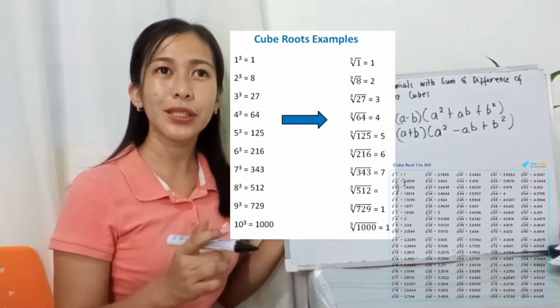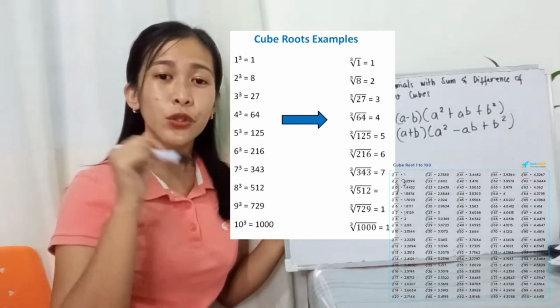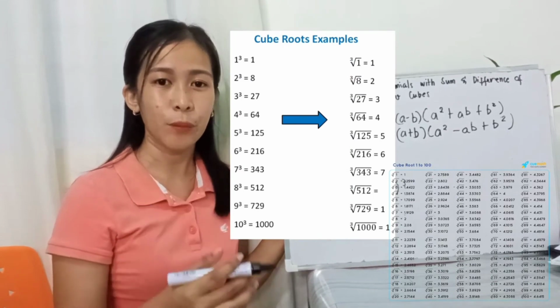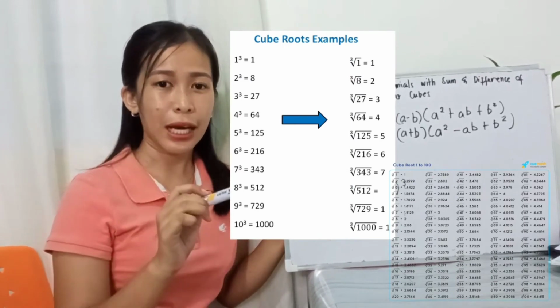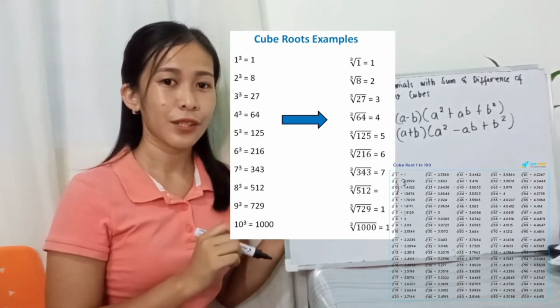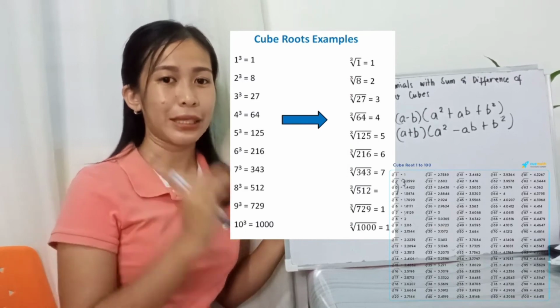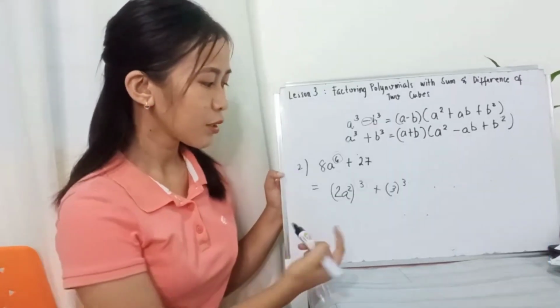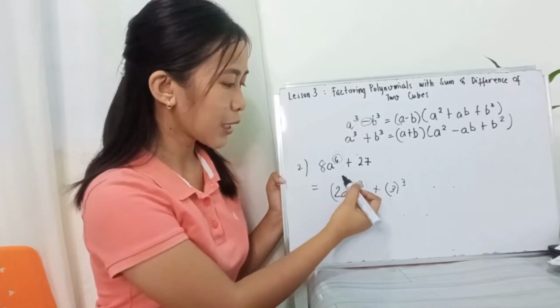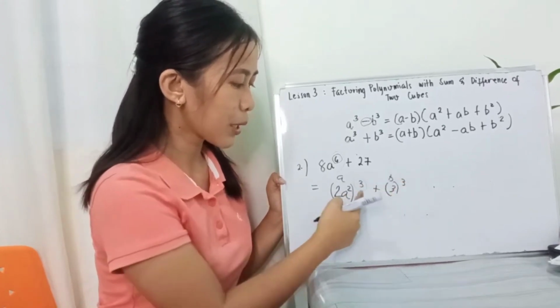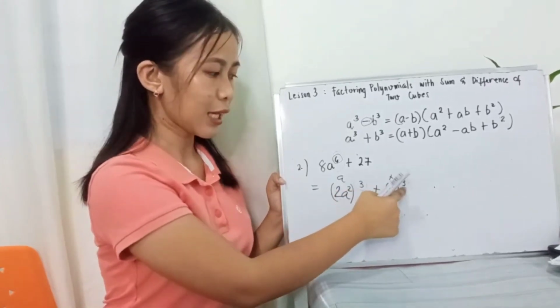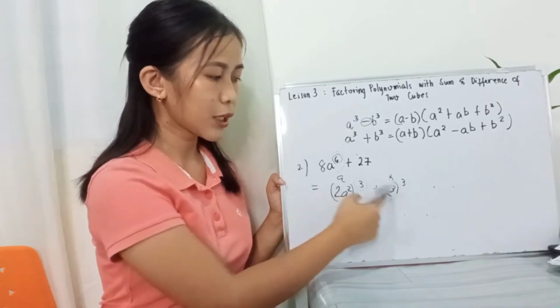Basta lang naman numbers na i-multiply mo tatlong beses, yung sagot doon, that is a perfect cube. And yung pinaka-root niya is yung number itself na minultiply nyo ng tatlong beses. Okay? So, therefore, ito na yung ating A and ito yung B. That is 2A squared tsaka 3.